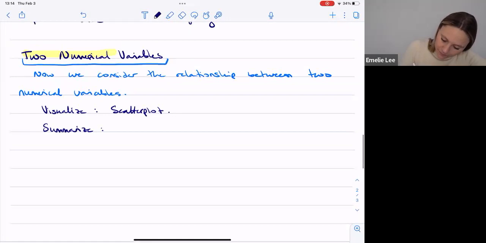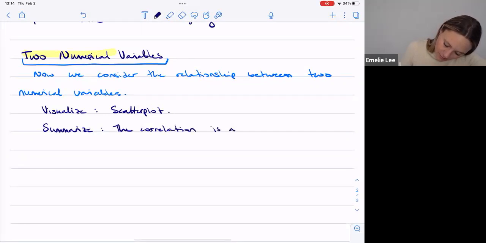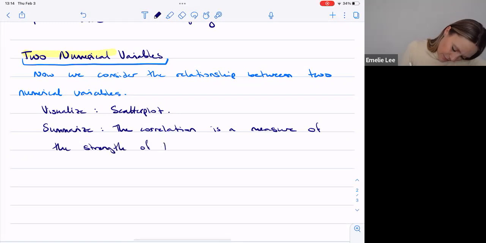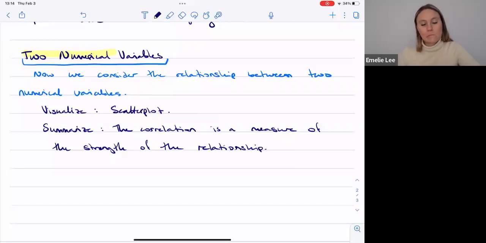So the correlation is a measure of the strength of the relationship. There are things that we know, right?